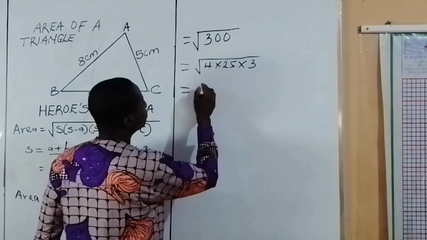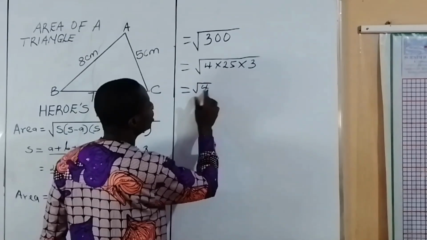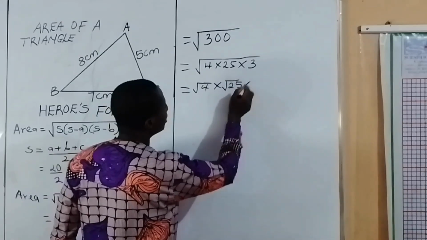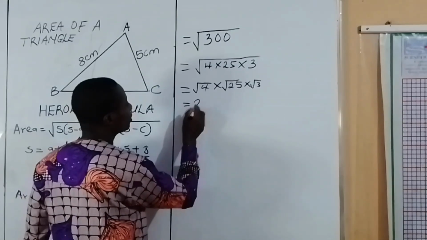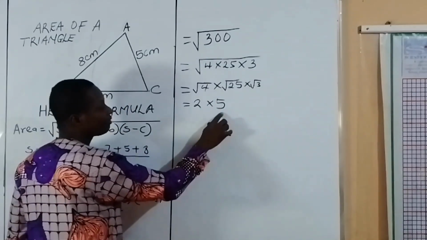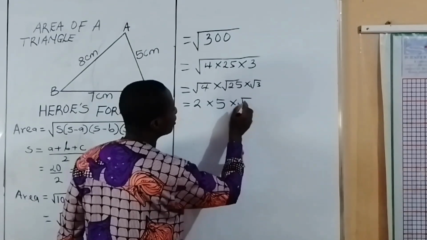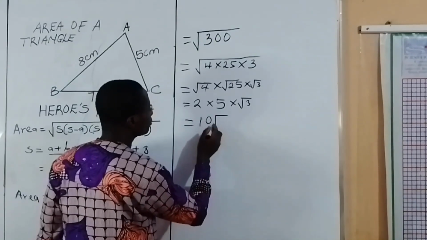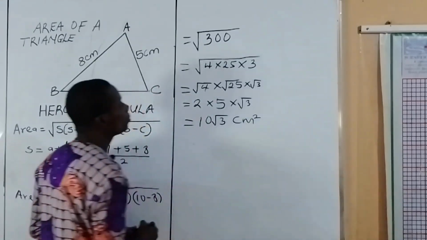So the square root of 4 times the square root of 25, then times the square root of 3. This gives us 2 times 5, since 5 is the square root of 25, then times root 3. So this gives us 10 root 3 centimeters squared. So this is the solution to this question.